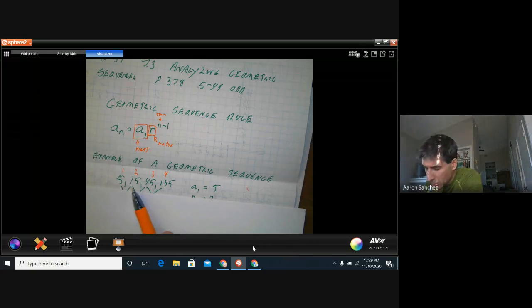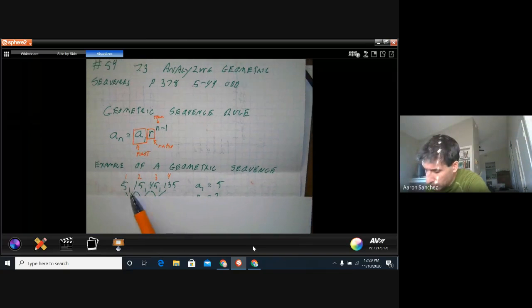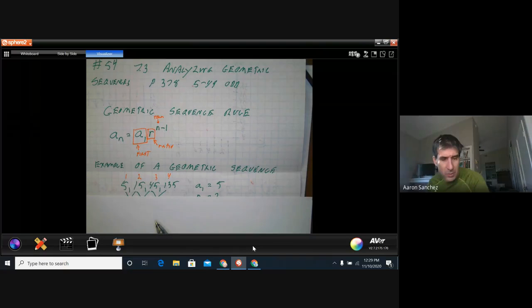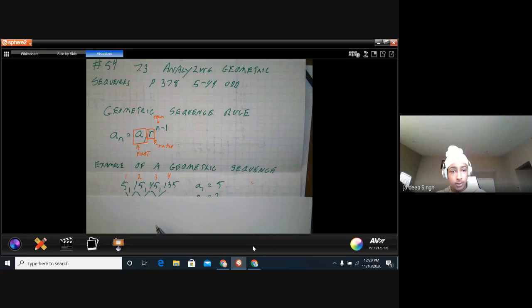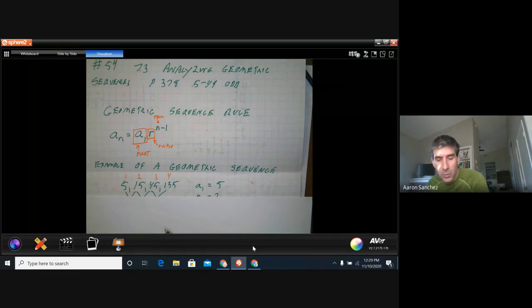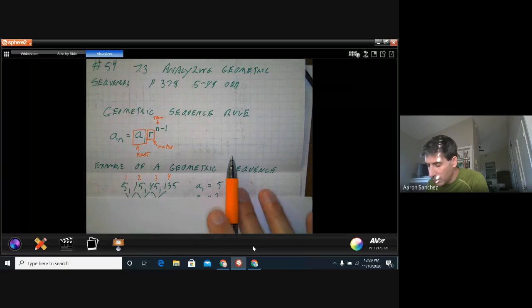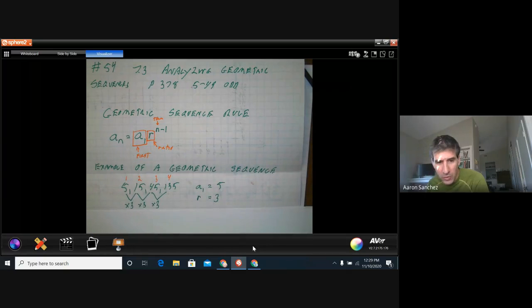Can you see what's going on here? Each number is getting multiplied by 3. Yes, very good, Jay. 5 times 3 is 15. 15 times 3 is 45. 45 times 3 is 135.